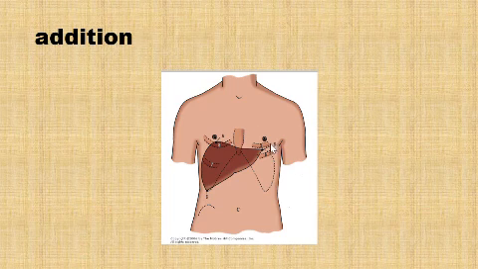Point B is 2 centimeters inferior medial, in the 5th intercostal space, and point C is on the right costal margin at the anterior axillary line here.